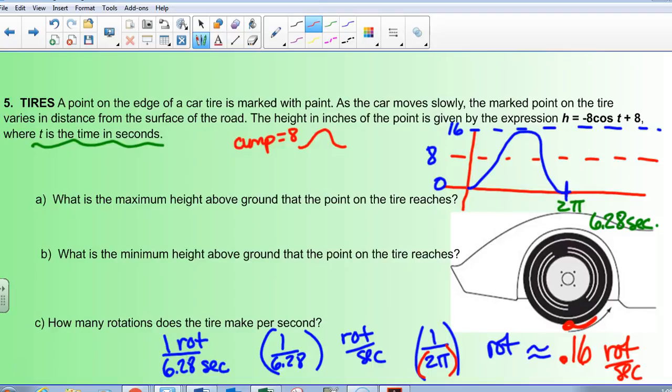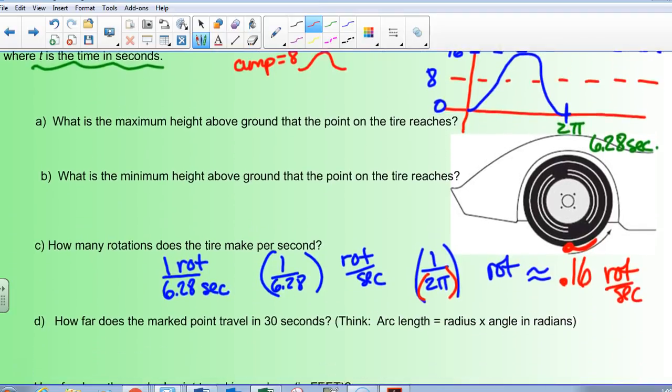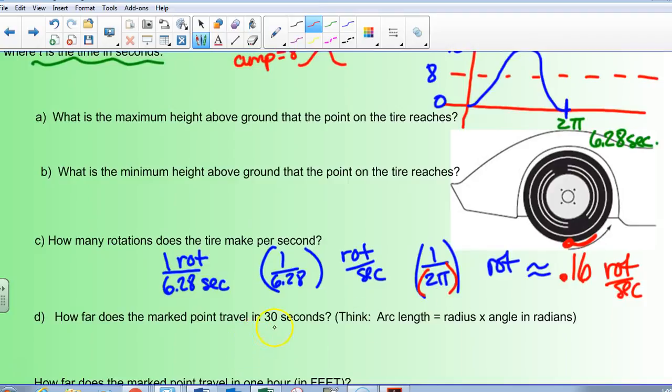Then what does it ask? Okay, what are we going to do with 30 seconds? You just told me it goes 0.16 of a rotation per second. We want to know what happens in 30 seconds.